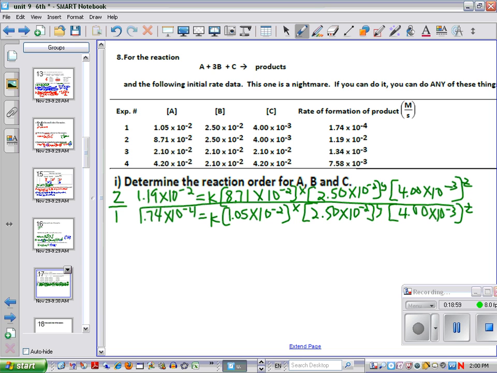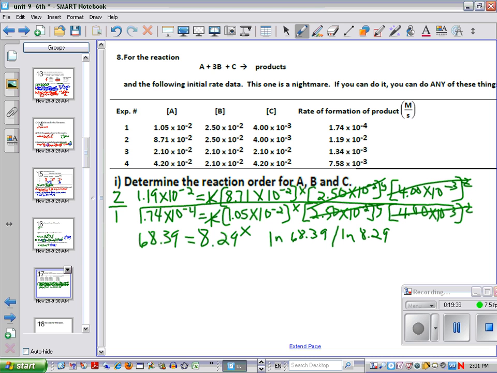So what cancels? The K's and the Y's and the Z's. So I end up with, if I divide these 2 numbers out, I get 68.39 is equal to 8.29 to the X. Now, you're going to have to do logs here, and you end up taking the natural log of 68.39, or log, doesn't matter which one, divided by the natural log of 8.29.